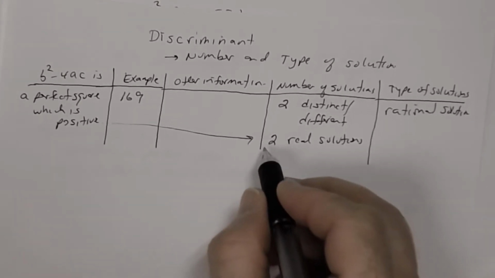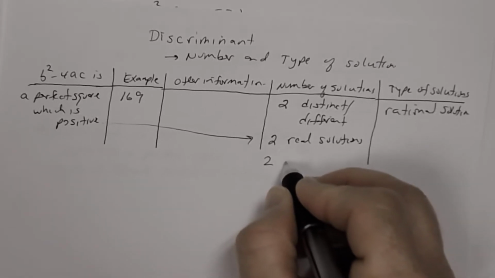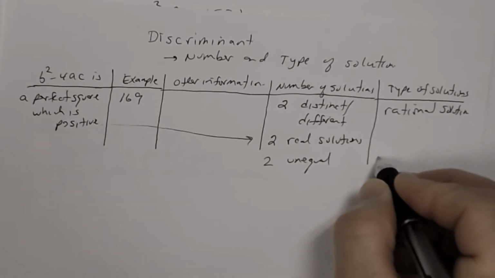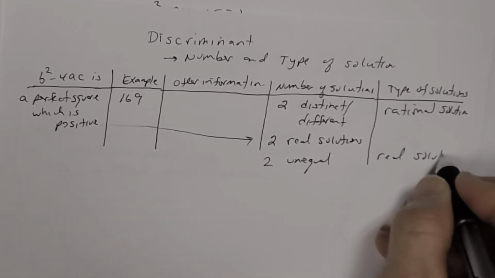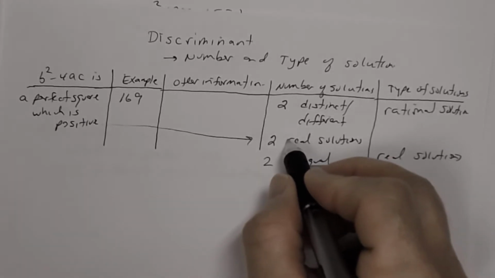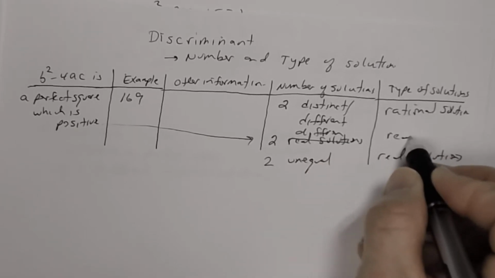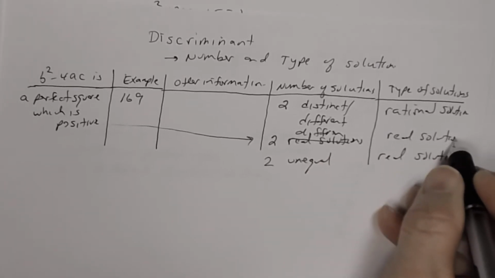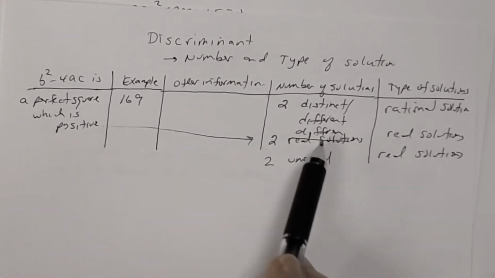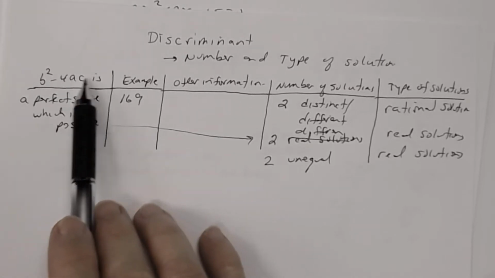Now another phrase you may hear is this: two unequal real solutions. And I guess I should have put this right here, two different real solutions. So these are all different things you can see about a discriminant that's a perfect square.